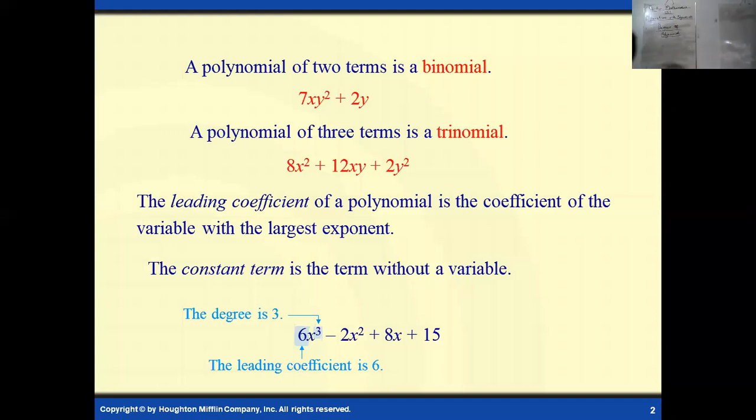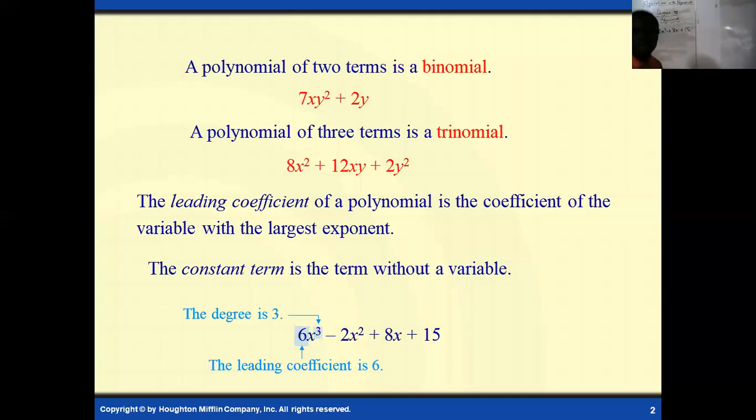please, I want you to go through your slide now and see what you see on the board. When you have, for example, 6x cubed minus 2x squared plus 8x plus 15, we want to consider the degree of this polynomial.